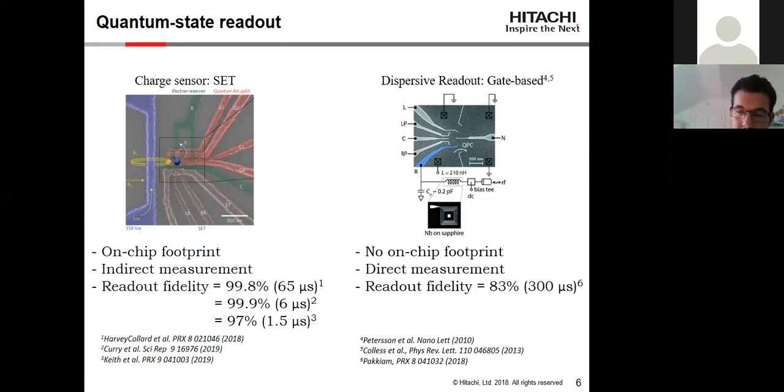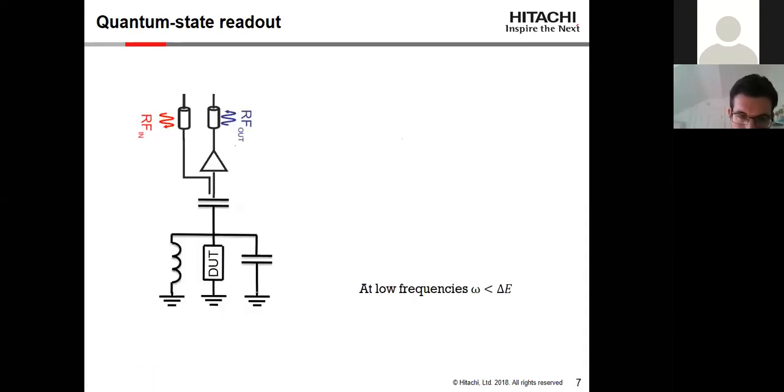So this doesn't interfere with the footprint of your quantum system. It's, as we said, a direct measurement. But by having these two systems separated, researchers so far have only been able to achieve a modest fidelity of 83% in 300 microseconds. So we will see what we can do about this in order to improve it.